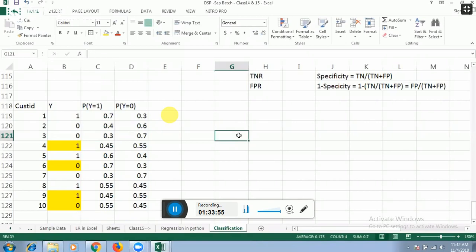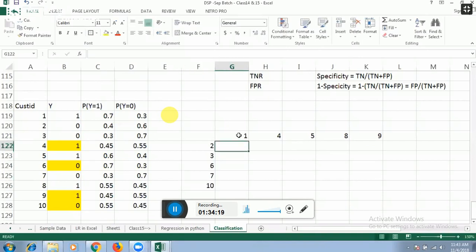Which of the customers are ones and which are zeros? Customer 1 is 1, customer 4 is 1, customer 5 is 1, customer 8 is 1, and 9 is 1, right? And what about zeros? 2, 3, 6, 7, and 10.